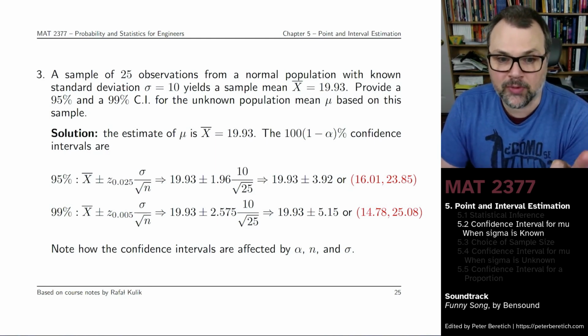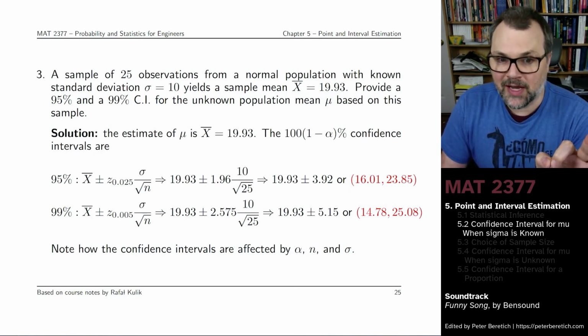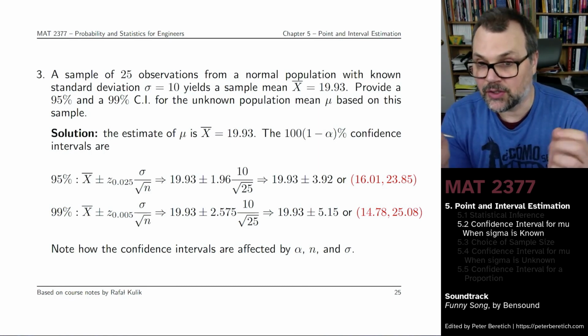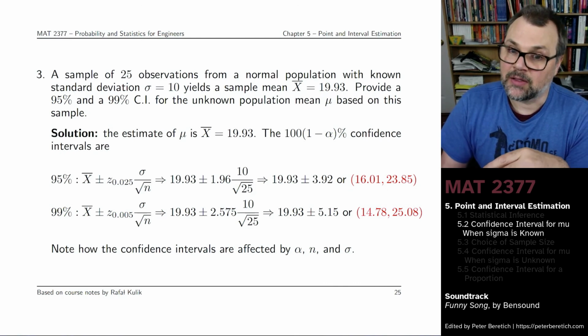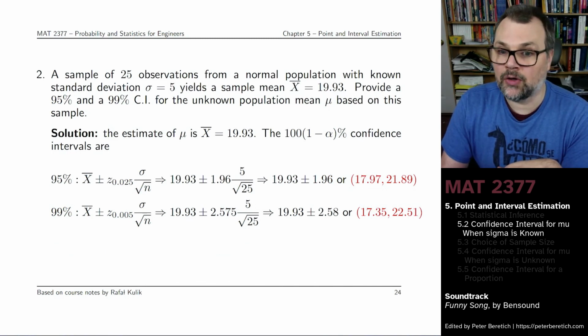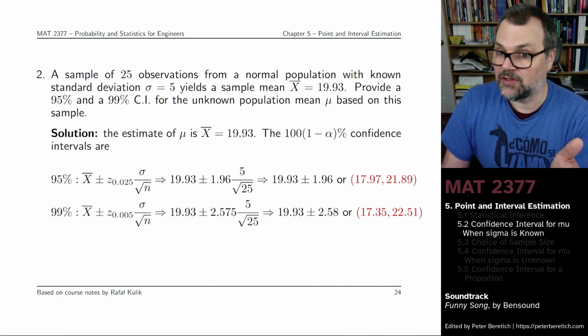Again, the same formula, x bar plus or minus the percentile times the standard deviation divided by the square root of the sample size. Now what has changed is the standard deviation. We have a larger standard deviation, which means that we would expect the corresponding interval, 16.01, 23.85, to be wider than the one we had with a smaller standard deviation.